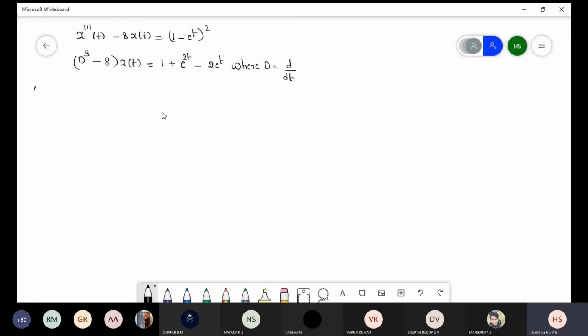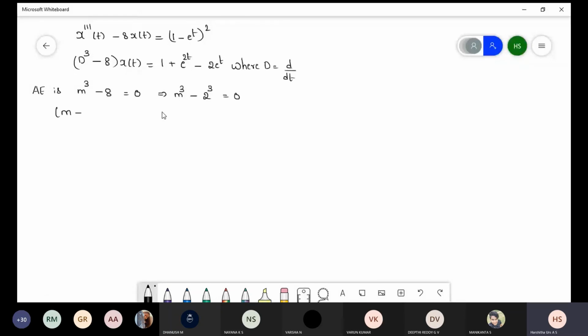Now auxiliary equation is m cube minus 8 is equal to 0. That means m cube minus 2 cube is equal to 0. It is in the form a cube minus b cube. What is the formula?